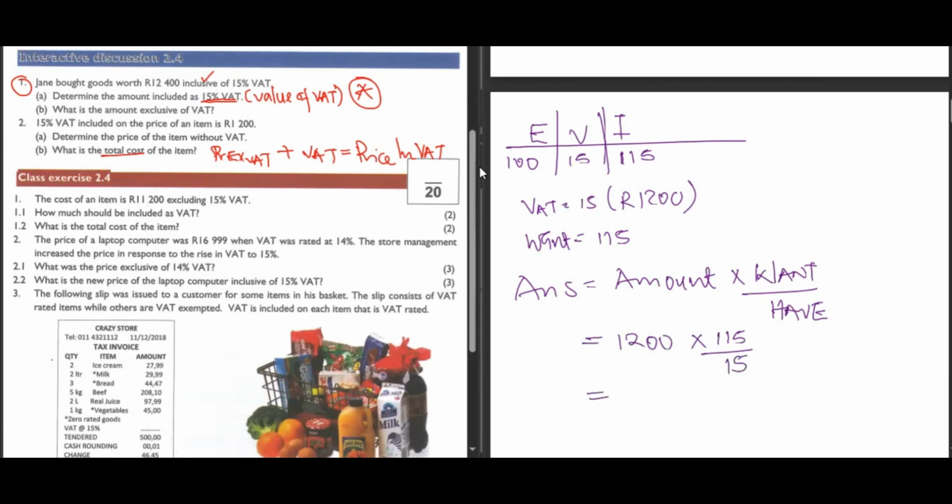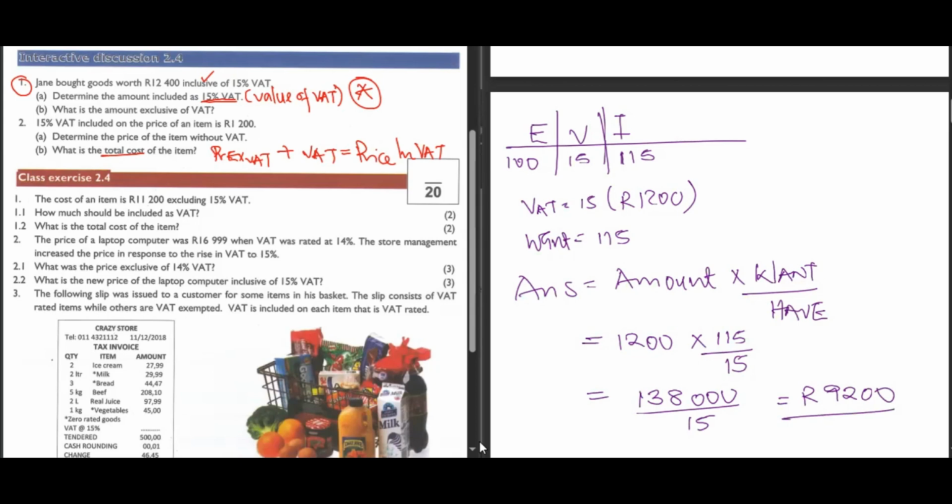The final answer becomes 138,000 divided by 15. Indeed, the answer becomes 9,200.